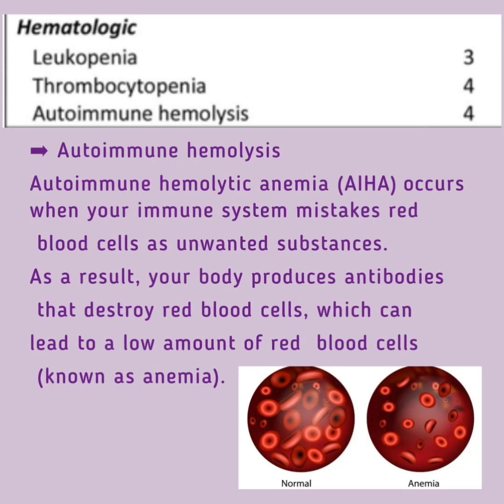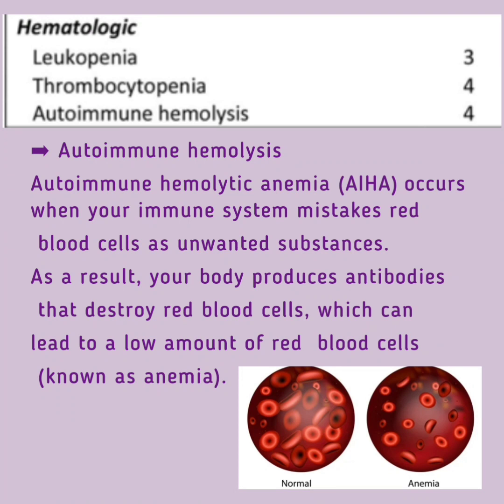The next domain is the hematologic domain, which means blood. Leukopenia is low leukocytes, and thrombocytopenia is low thrombocytes. And autoimmune hemolysis means that the antibodies attack your red blood cells, which means a low red blood cell count or anemia.